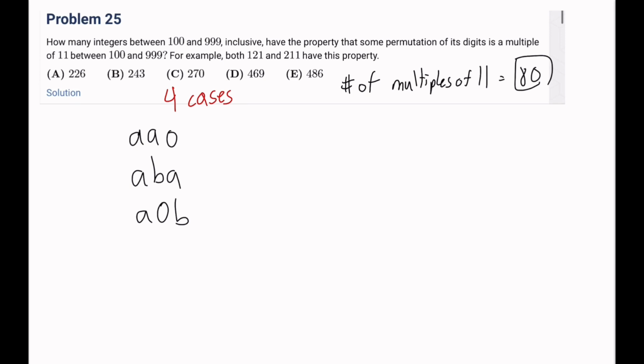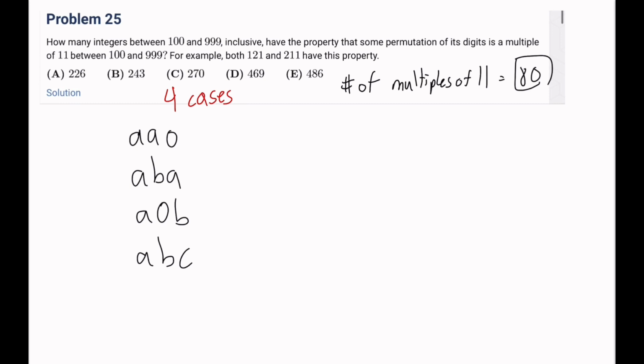And lastly, we have ABC, and that could be something like 132, right? And so those are the 4 cases for multiples of 11.